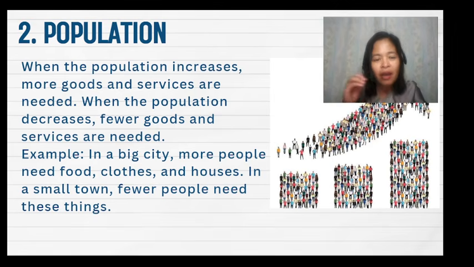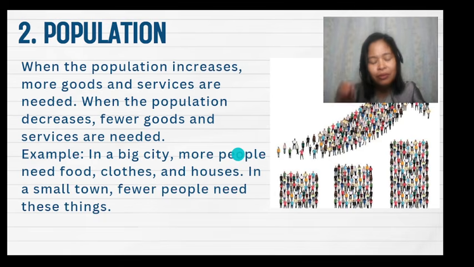On the contrary, when the population decreases, fewer goods and services are needed. That is why in a big city, more people need food kasi maraming tao. More people need clothing and houses. In a small town, fewer people need few things kasi konti lang sila.